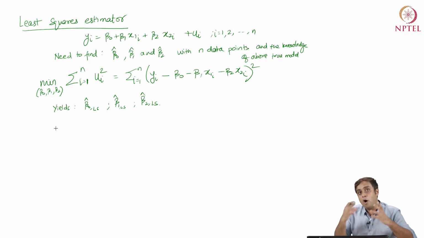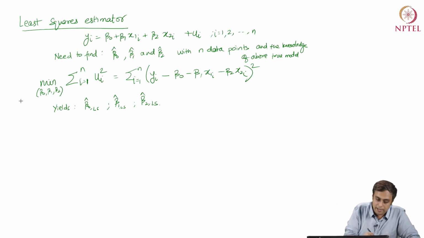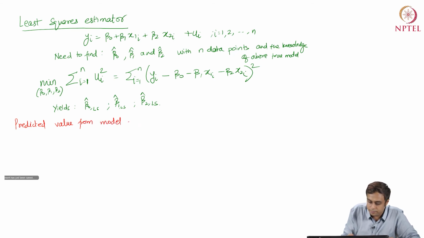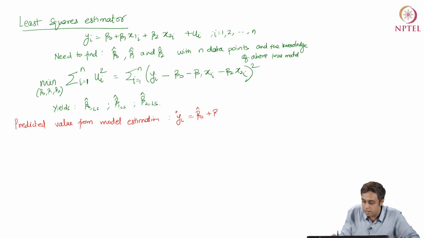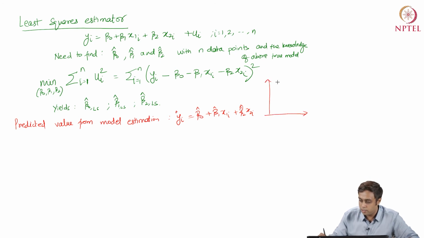The model representation, the predicted value from model estimation, is given as yi hat, which is nothing but beta 0 hat plus beta 1 hat x1i plus beta 2 hat x2i. If I were to visualize this on a scatter plot, I have my x1i and yi.